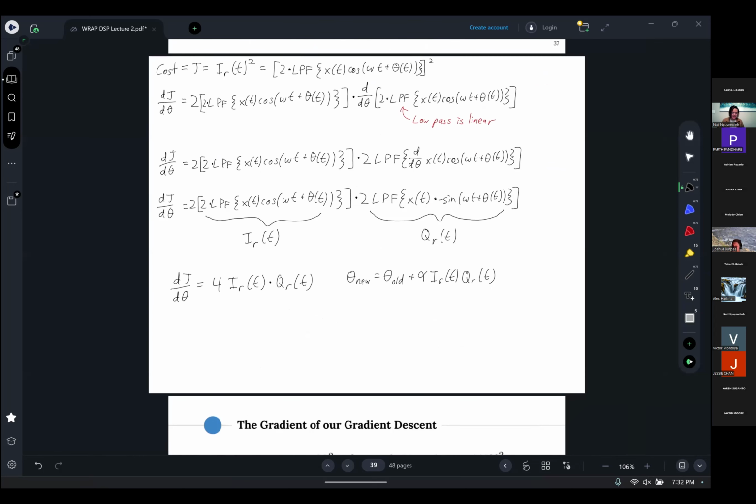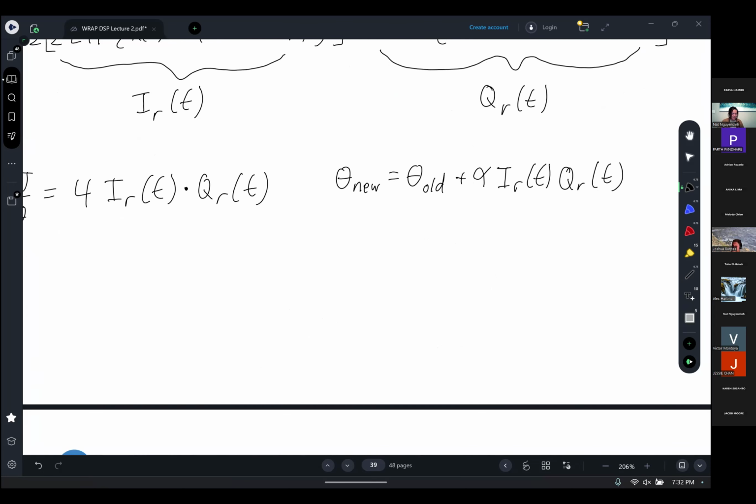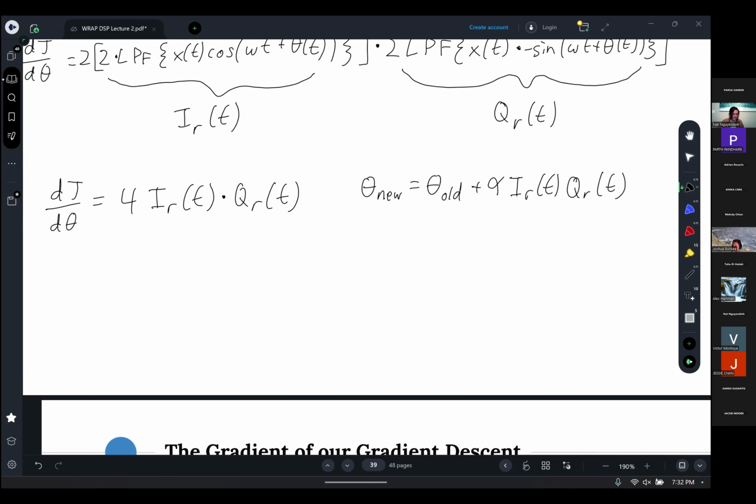All right. And then I'm going to do a little bit more derivation here so we can see more of the motivation for why this actually works. When we have the received I component and the received Q component, if I expand this out, I'm going to get I cosine big phi minus this.